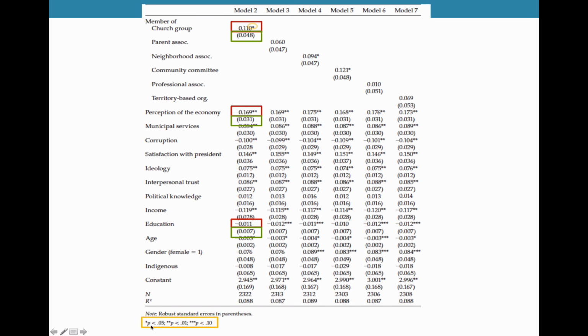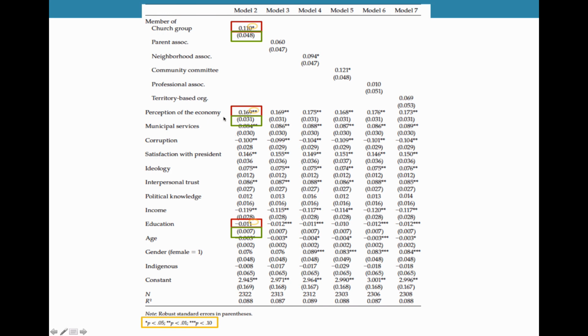That means that here's our finding, and this is statistically significant at a 0.05 level. For perception of the economy, this is statistically significant at a 0.01 level. And then finally, the effect of education is not statistically significant at all. So we can't draw conclusions about this.